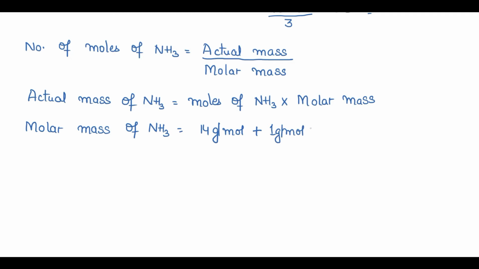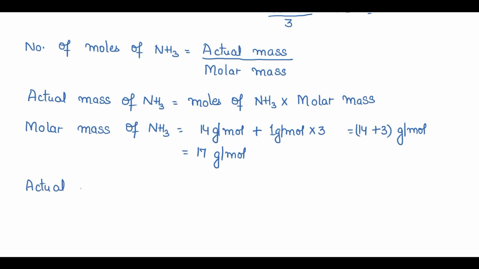There are 3 atoms, so into 3. So 14, 1 into 3, 3. I'll take gram per mole common. So 14 plus 3, 17 gram per mole. Now I have the value of molar mass.